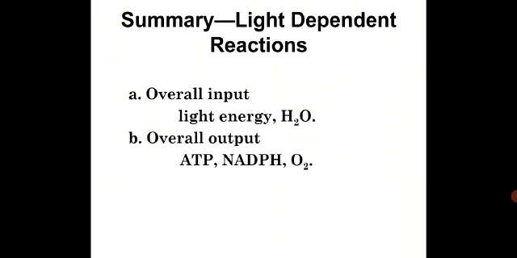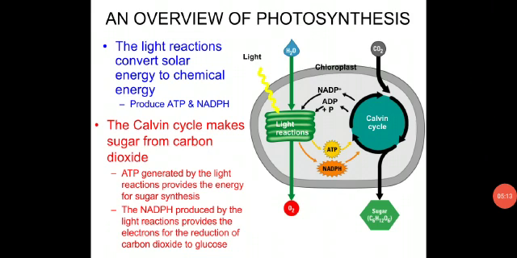The overall inputs of this step are the light energy, which is coming from the sunlight, and water, and the overall outputs are ATP, NADPH, and oxygen. What is actually occurring here, we will see in some moments.